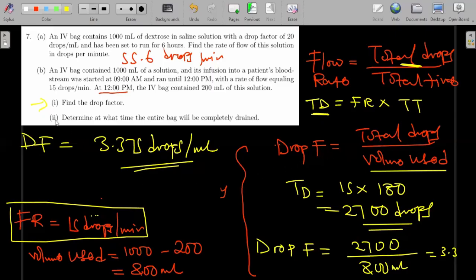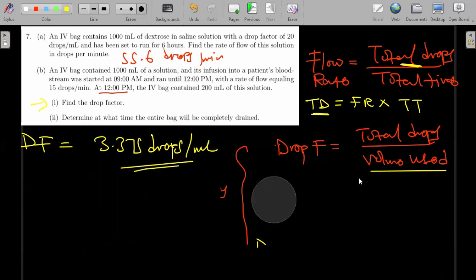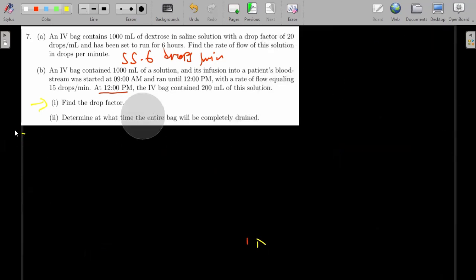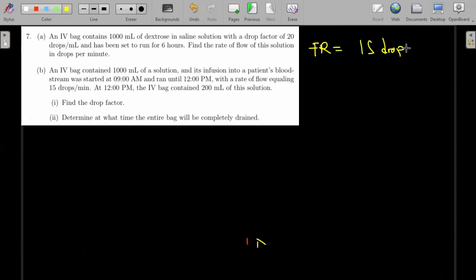Okay, so let's solve the last part, part 2. Let's keep the drop factor that we found because we are going to use it. Let me rewrite some things here. From this question, the flow rate was 15 drops per minute, which we were given.